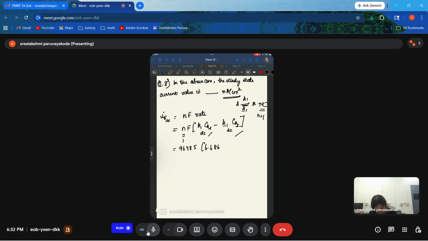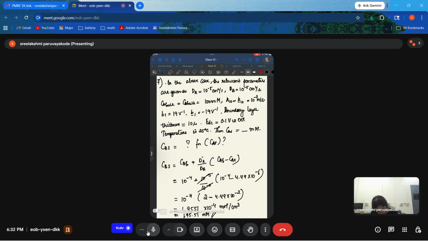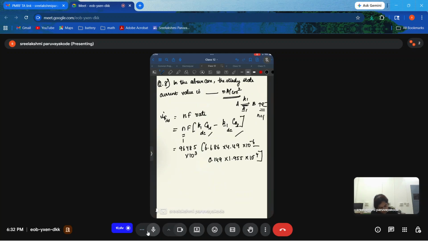So I can multiply it by 10 to the power 3. For the CA, substitute all the values. Have it in milliamp. So we are going to do this. Now substitute, find out the value. You have to do the calculation.